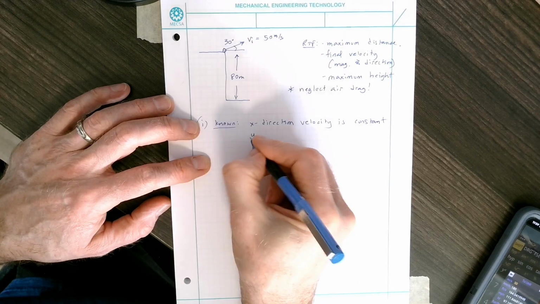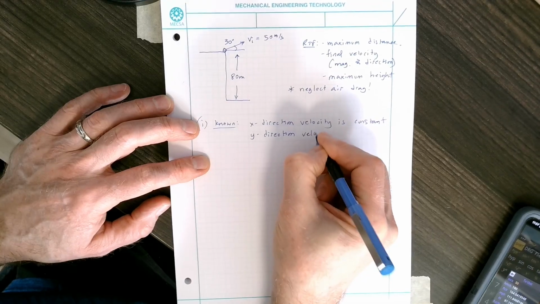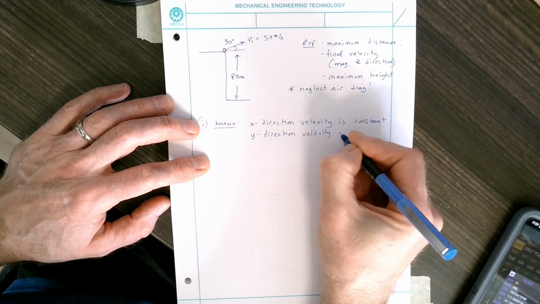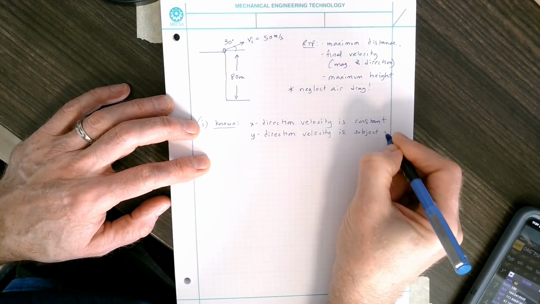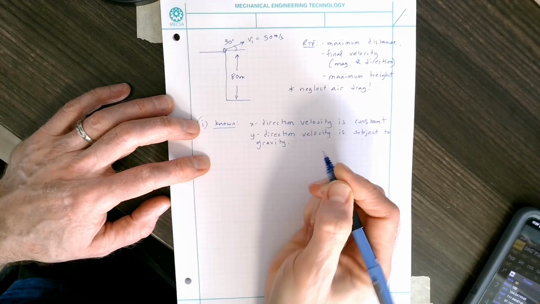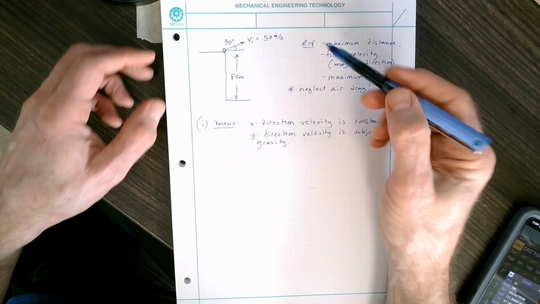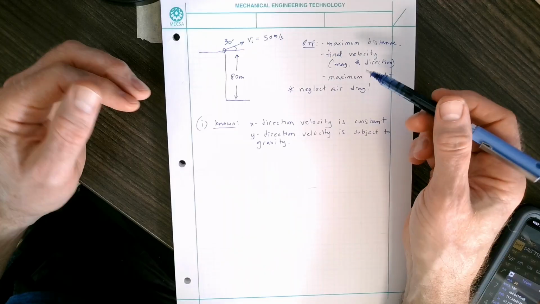Okay. Y direction velocity is subject to gravity. That works both ways, and boy, the negatives really matter. You've got to keep track of the negatives.